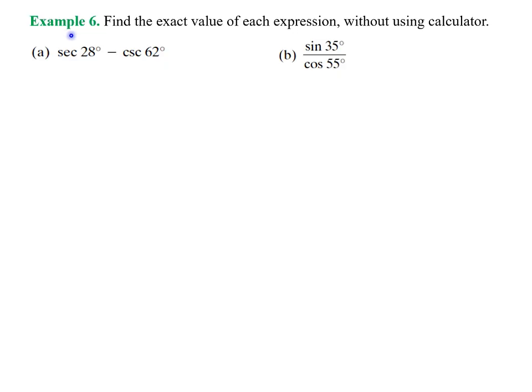For this example 6, we will be using identities in finding the exact value of each expression without using a calculator. Take note, what I want you to learn here is to apply the appropriate identities to be able to evaluate the following expressions. So do not just use a calculator here. For letter A, secant 28 degrees minus cosecant 62 degrees.